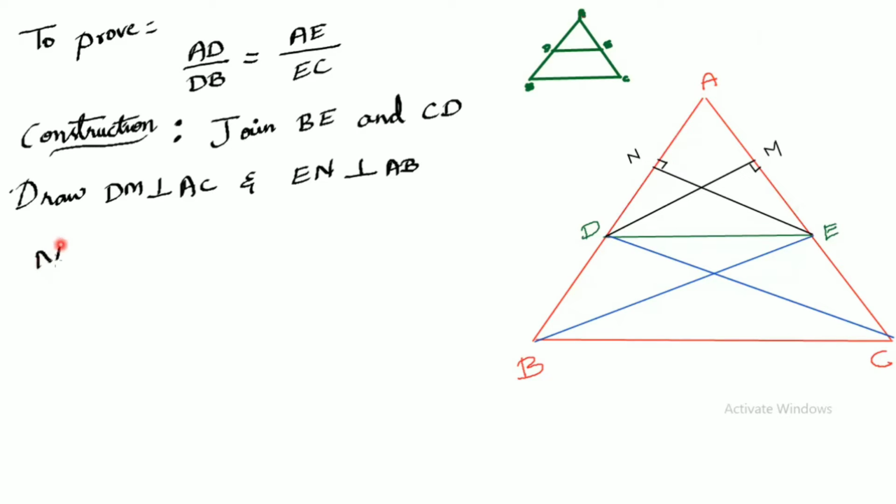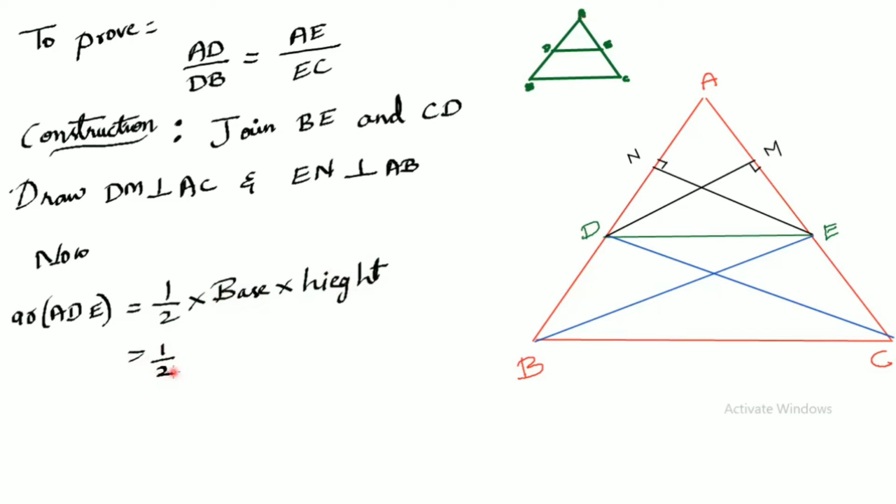Area of ADE is equal to, we know the formula, half into base into height. Here half is half, then in triangle ADE we are taking AD as the base. Why are we taking AD as base?